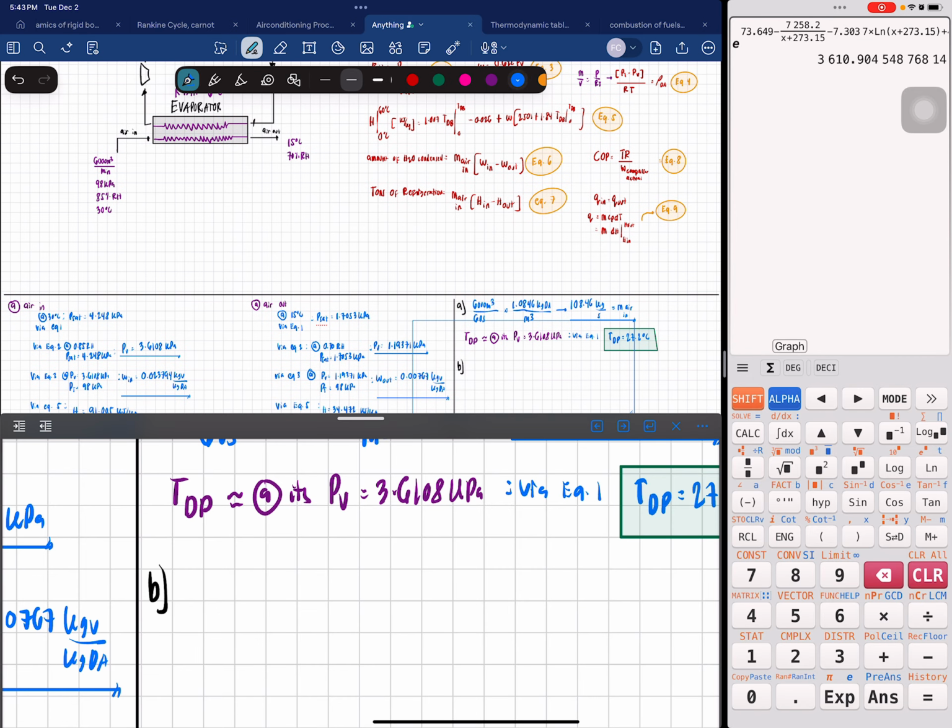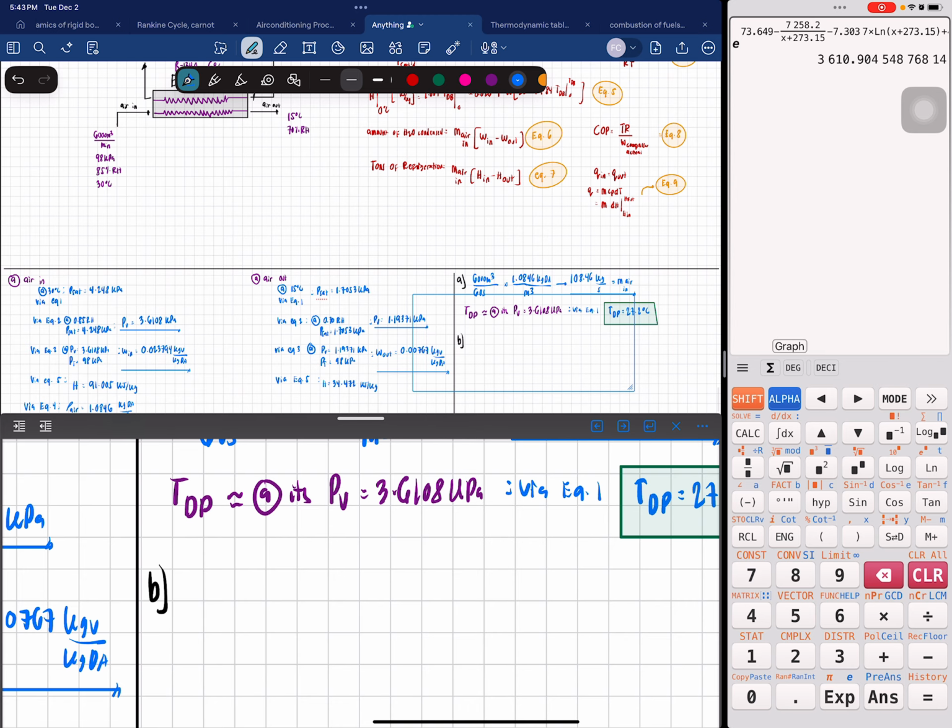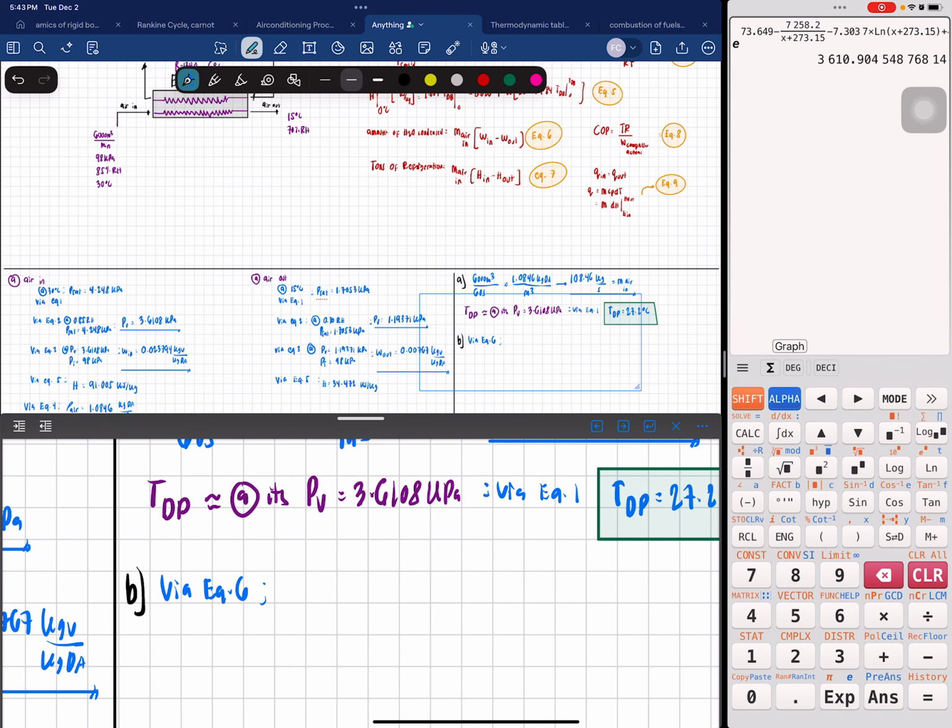So via equation 6, mass of air going in is 108.46 kilograms of dry air per second.